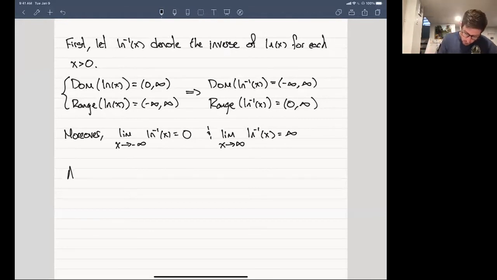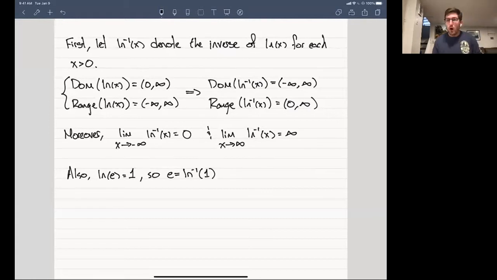Also, we know that ln of e is equal to 1. We knew that, right? So e is equal to ln inverse of 1. This is an important property. This helps us. We have a correspondence.